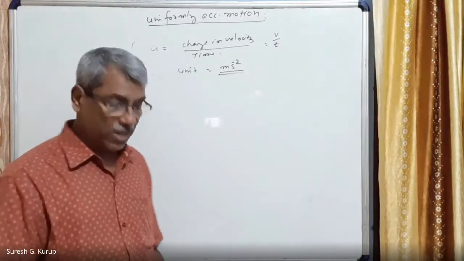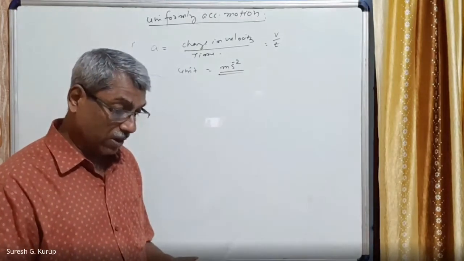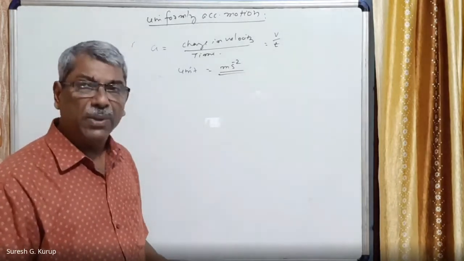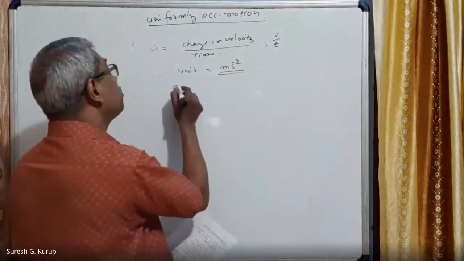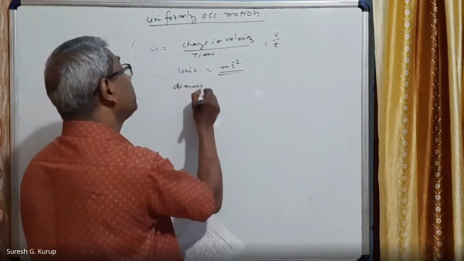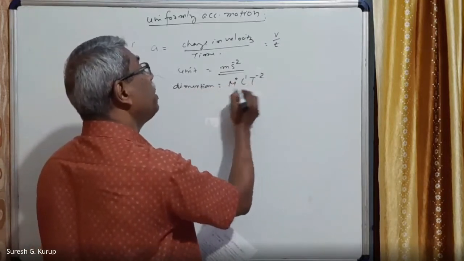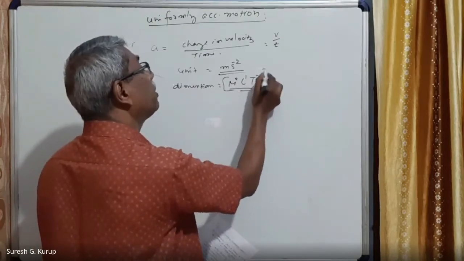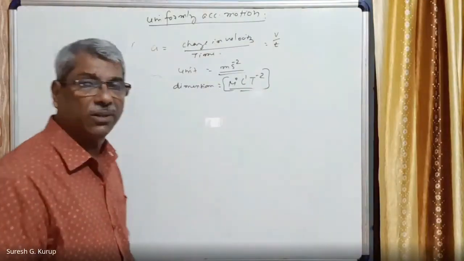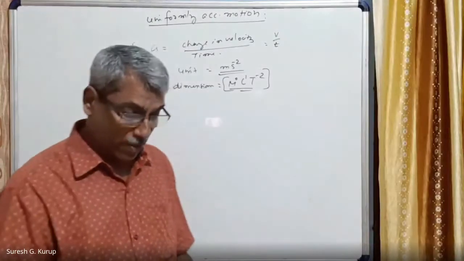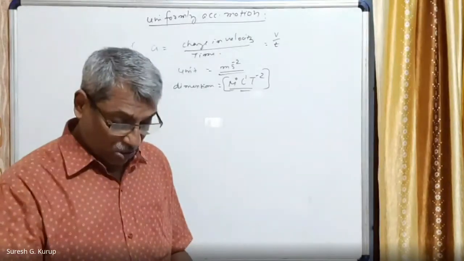Unit of acceleration is meter per second square. Its dimensions are M raised to 0, L raised to 1, T raised to minus 2. This is also important. For every physical quantity, you must know the dimension also, right?